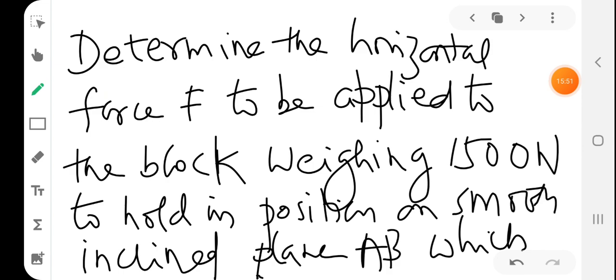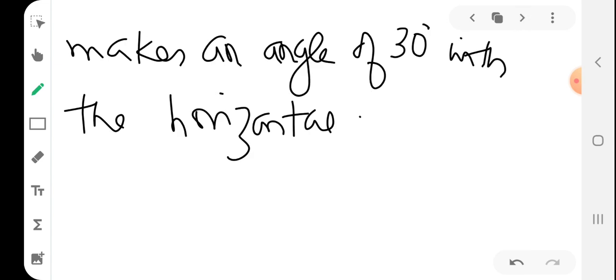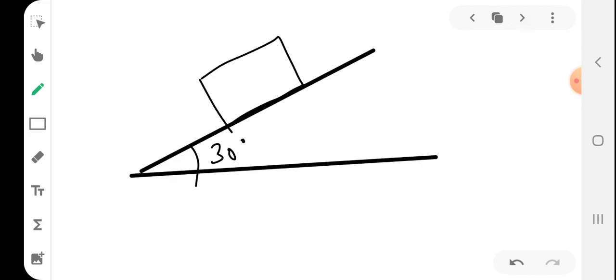So student, another problem: determine the horizontal force F to be applied to the block weighing 1500 Newton to hold it in position on a smooth inclined plane AB, which makes an angle of 30 degrees with the horizontal. This is the plane AB, which makes an angle of 30 degrees with the horizontal as shown in this figure.